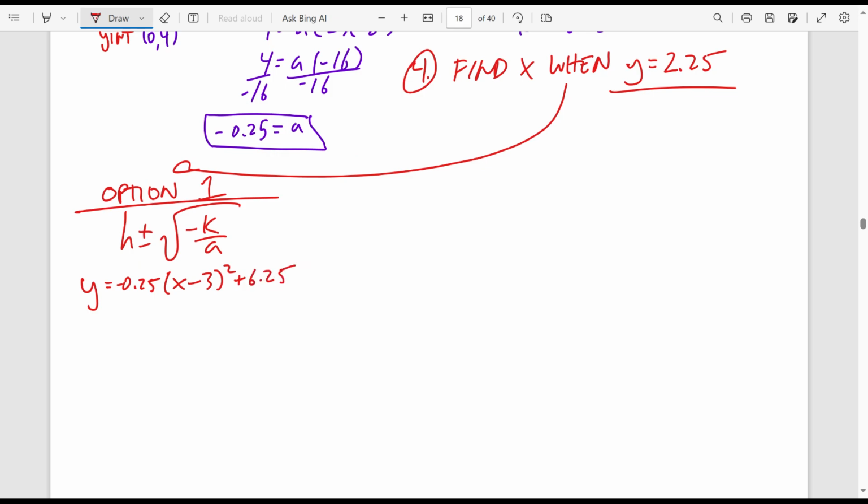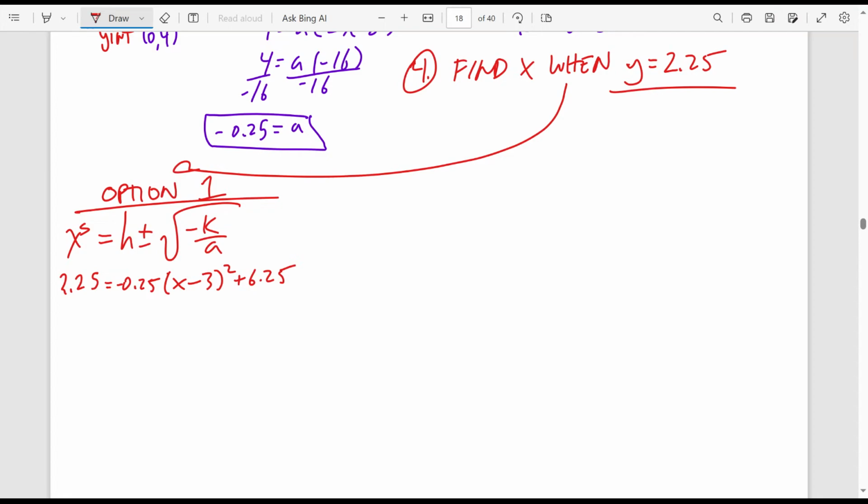Originally, we used h plus or minus the square root of negative k over a to find my zeros, but I can still use that formula to find any x's. So I'm solving for my two values of x when y is 2.25.